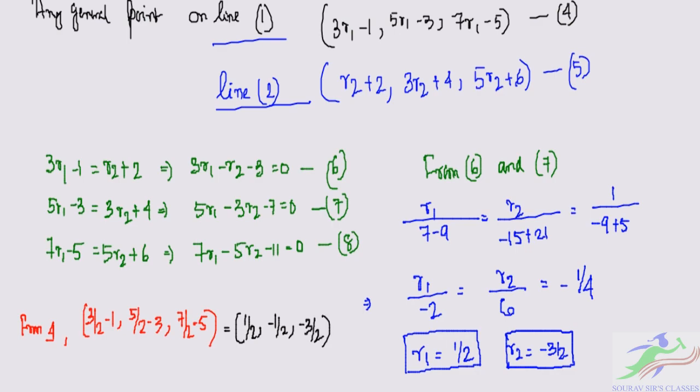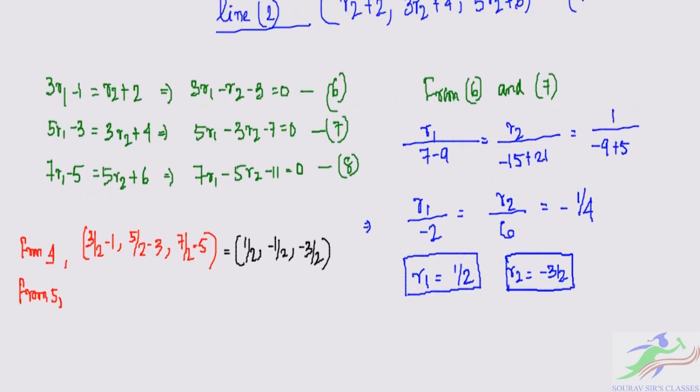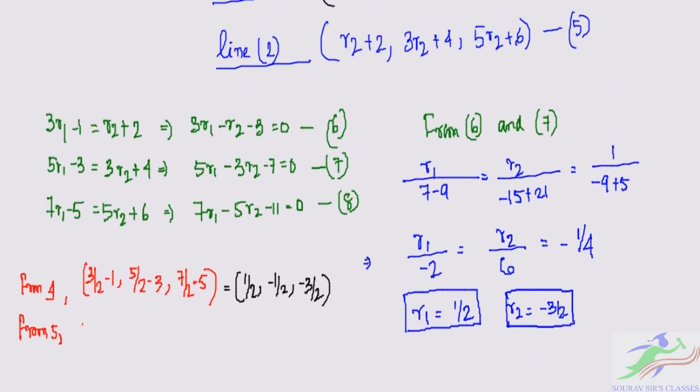Now from 5 we have minus of 3 by 2 plus 2, minus of 9 by 2 plus 4, and minus of 15 by 2 plus 6.